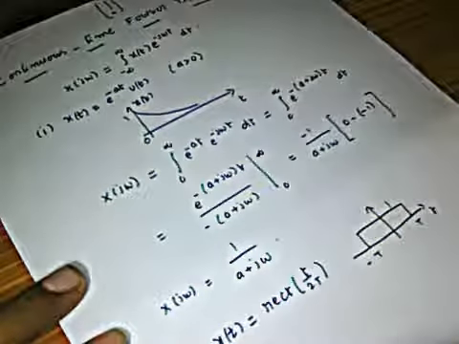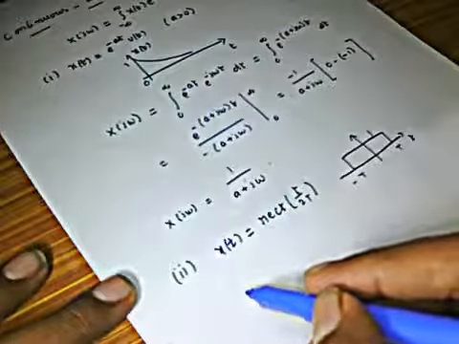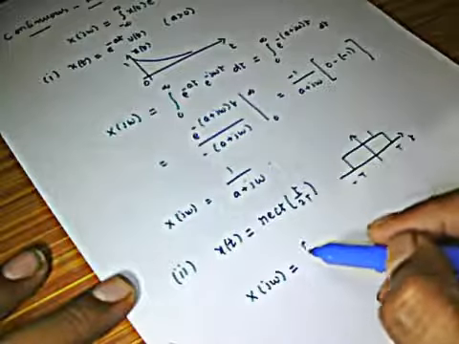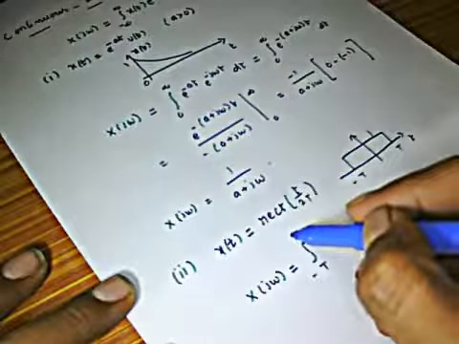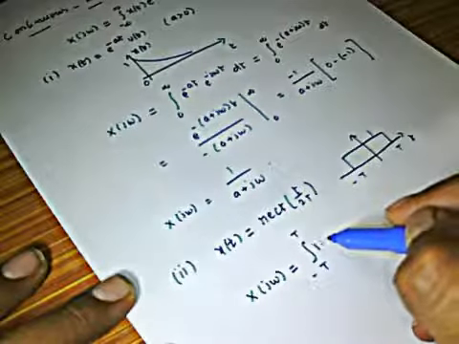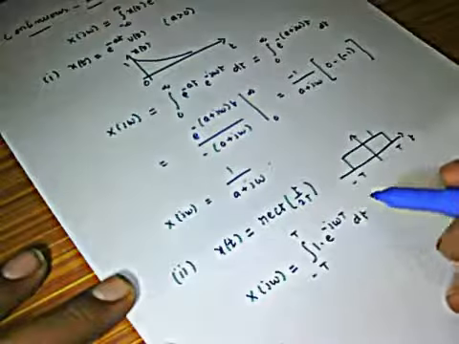So obviously the integral in the Fourier transform will be from minus T to plus capital T. The amplitude of signal is 1 into e power minus j omega t dt.